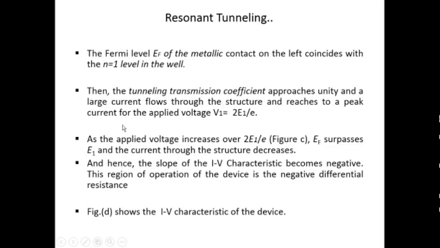At that condition, the Fermi level EF of the metallic contact on the left side coincides with the n equal to 1 level in the quantum well. At that condition, the tunneling transmission coefficient in the quantum well approaches unity and a large current flows through the structure, reaching a peak current for the applied voltage V1 equal to 2E1 by E.